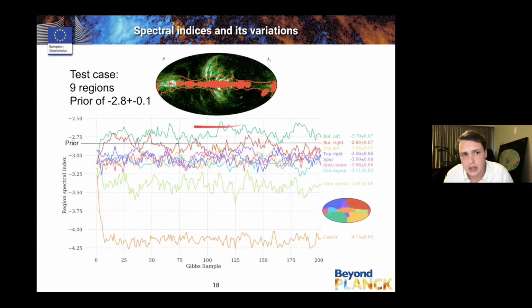In addition, because we apply this prior, we see that some of these low signal areas do actually tend to go towards this value. And these bottom left values have been seen in our studies to go even lower and to be degenerate with other parts of the sampling steps, such as gain or the correlated noise sampling.